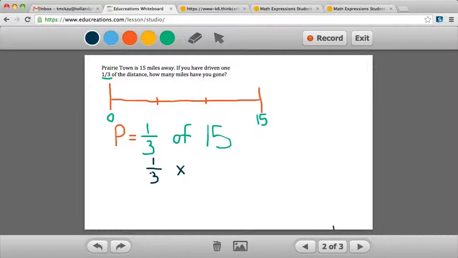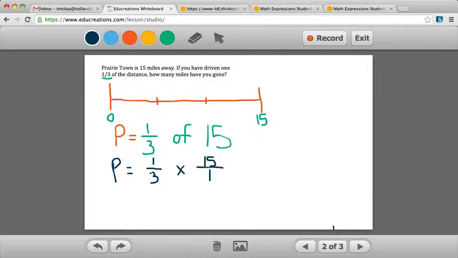That's right. We have to make it a fraction. How do you make 15 a fraction? You put 15 over 1. Is 15 over 1 the same as 15 wholes? You bet it is. Good job. So Prairie Town is equal to 1/3 times 15 over 1.